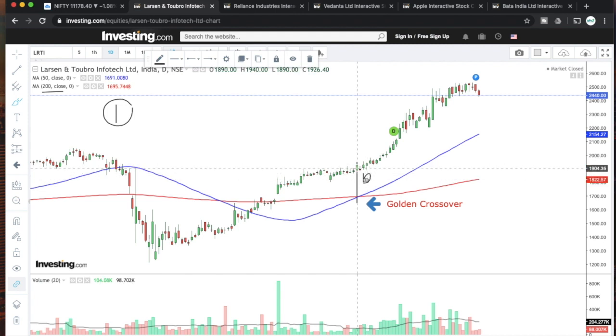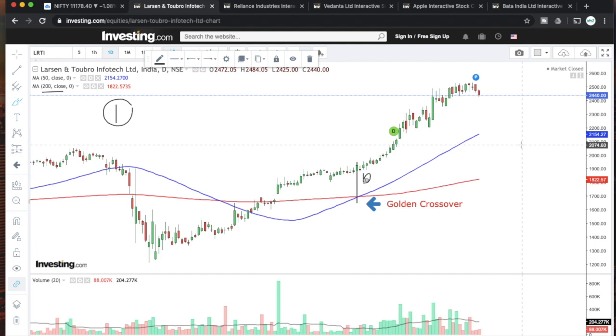Riding the wave means you buy the stock and forget about it, and you keep invested in the stock till a death crossover happens. So if in the next 5 or 6 months a death crossover happens, then we can exit the stock. But currently there is no point to exit from the stock. You can keep on buying on dips, you can keep on adding the stock in your portfolio, but the idea is whenever a golden crossover happens, buy the stock and stay invested in it.